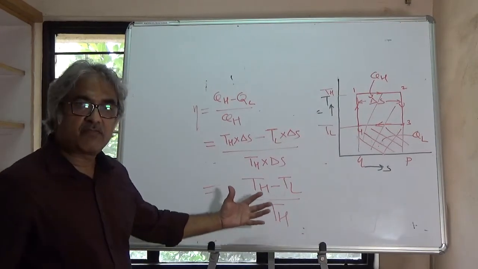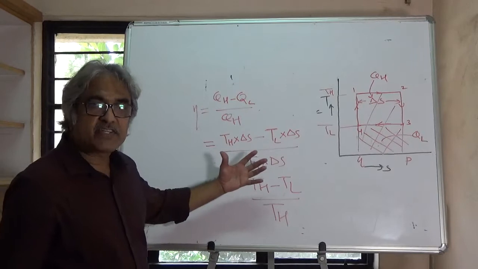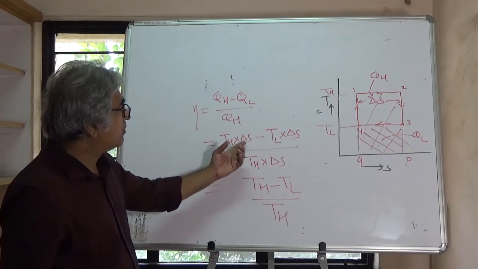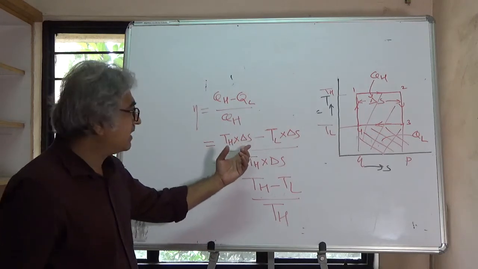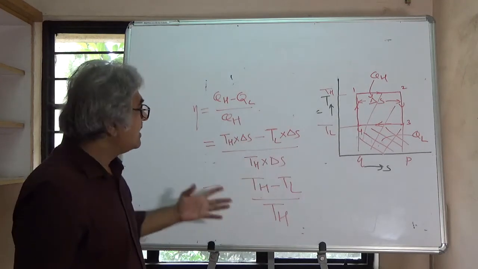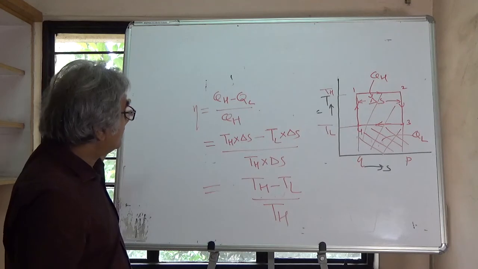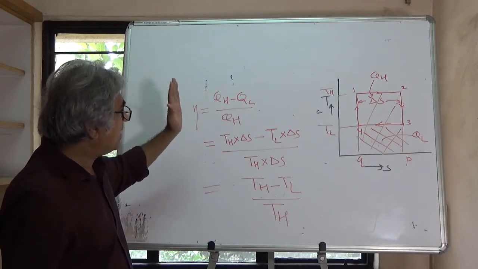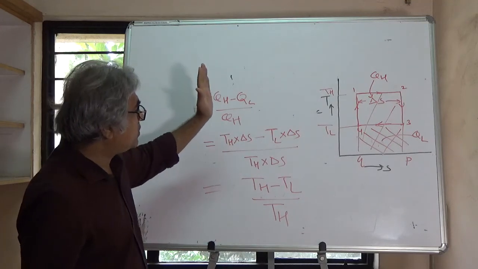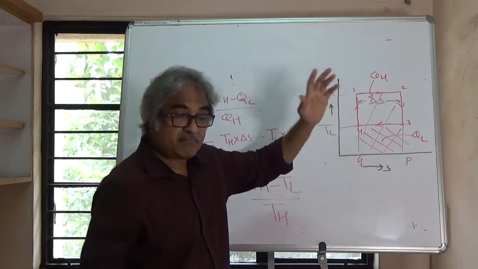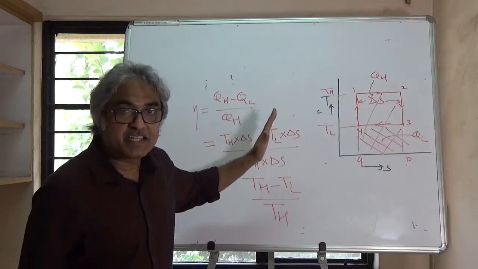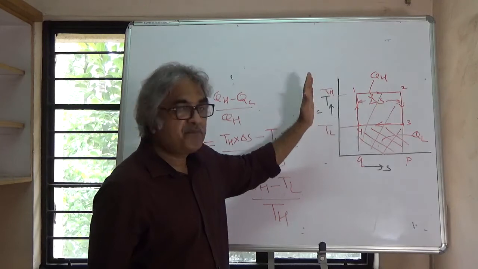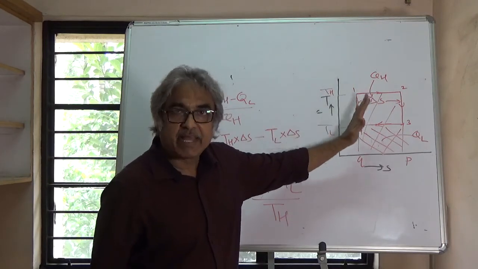This is the expression for Carnot efficiency, except that we have now incorporated the term entropy here. This is the expression for efficiency considering the Carnot cycle on a TS plane. Thank you.